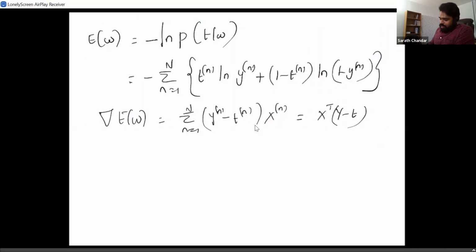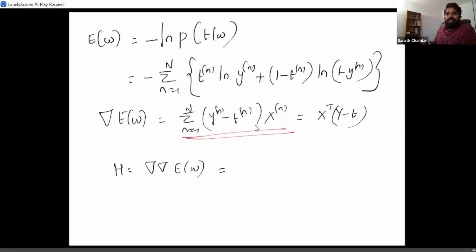Now let's compute the Hessian. The Hessian is given by the double derivative. Consider this term. We are going to differentiate this again with respect to w. It involves a bit of chain rule, because you don't see w directly here; there's y, which is a function of w. So I'm going to do the chain rule directly here.